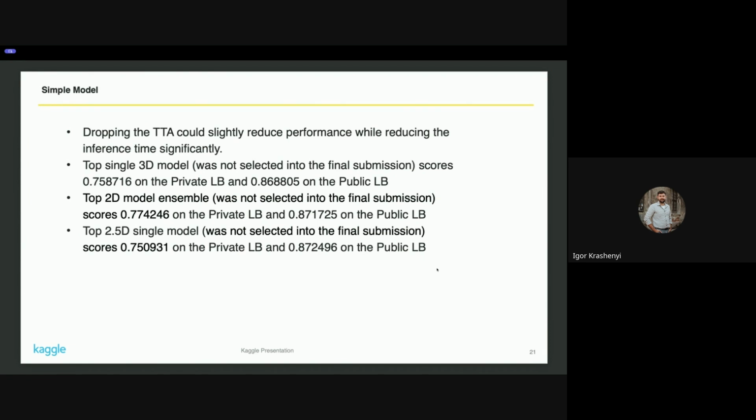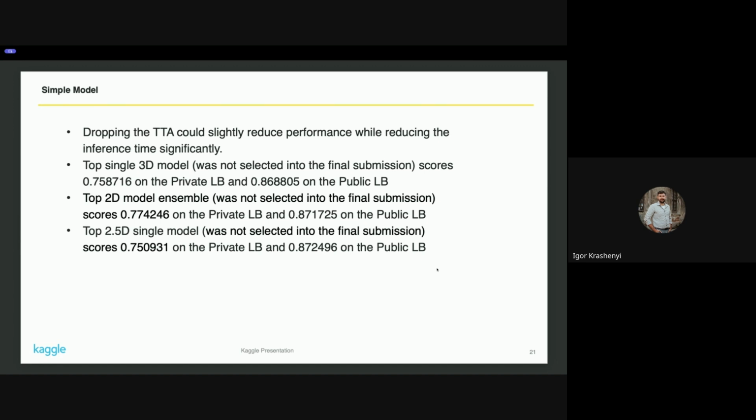Yeah, what else is important is that if I used not the two-fold approach, but the single-fold approach, the 2.5D model, I could reach like 0.75 on the private leaderboard and 0.87 on the public leaderboard.